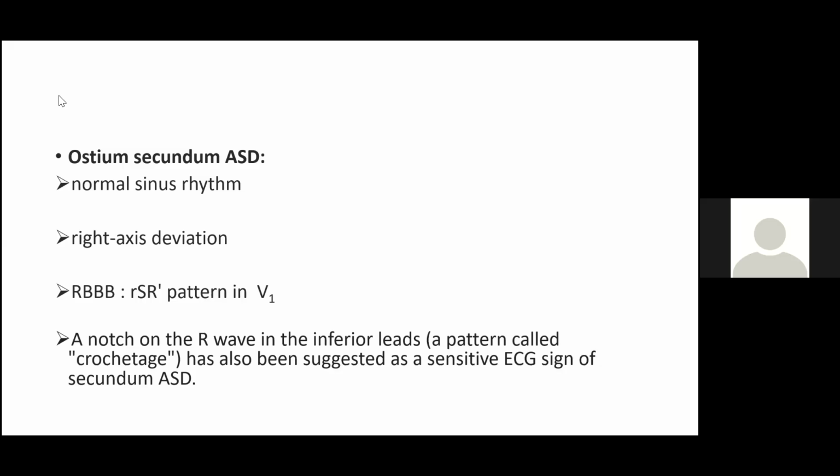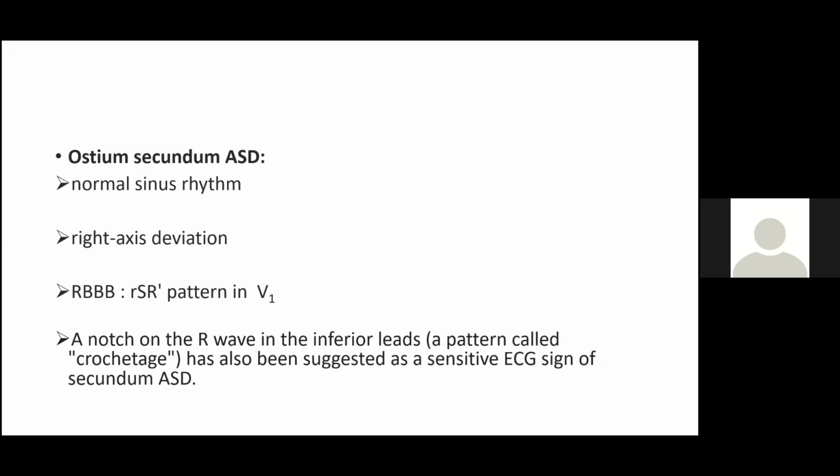So for the secundum ASD, you are telling us now, why do they have a right axis? Why not a left axis? Or else the candidate will cram it.